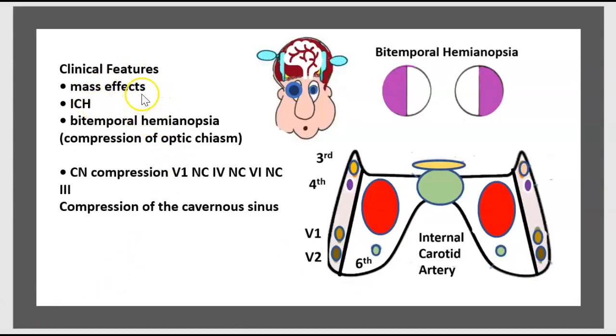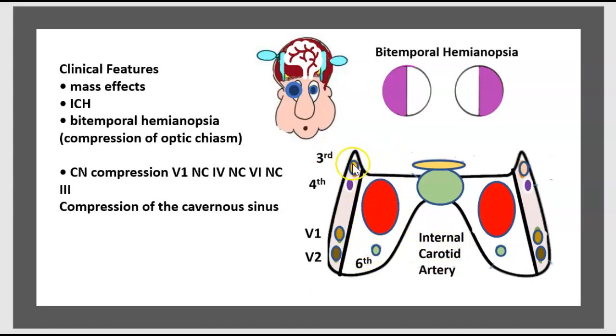Clinical features include mass effect, intracranial hypertension, bitemporal hemianopsia by compression of chiasma, and nerve compression. Think about internal carotid artery in cavernous sinus.